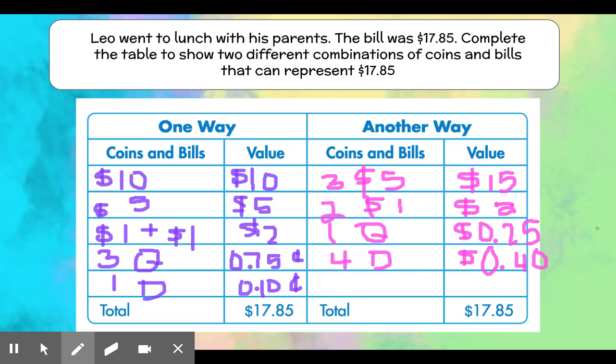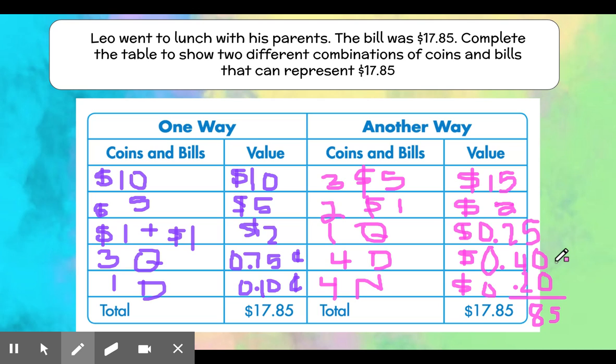Well, I still need 75, 85. So I could use 2 dimes, or I could use 4 nickels, which are worth 5 cents. So 5, 10, 15, 20 cents. And if I add that up, I get 85 cents. I think I said something wrong in there, but you see what to do.